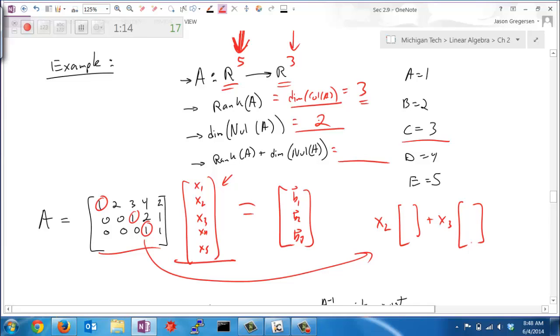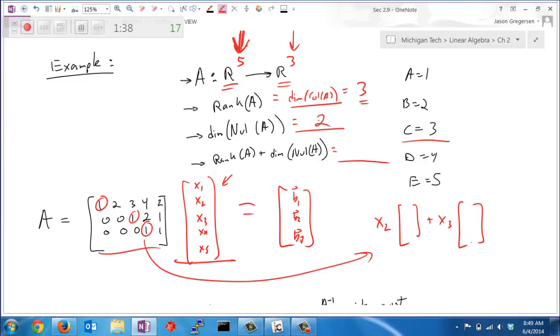This tells me that the solution space, the set of all solutions, is really a linear combination of these 2 vectors. Well, the solution space to the homogeneous equation is the null space. And because I can form it as a linear combination of these 2 vectors, they would be a basis for the null space, a basis for the solution space.